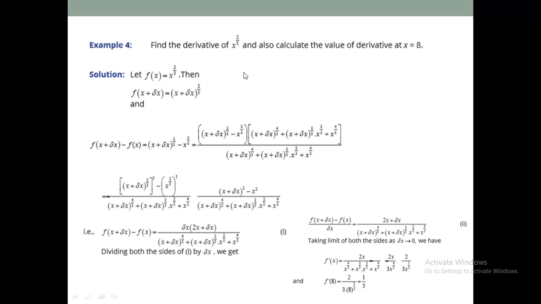Find the derivative of x raised to power 2 by 3. Replace x by x plus delta x. We subtract left hand side from left and right side from right.